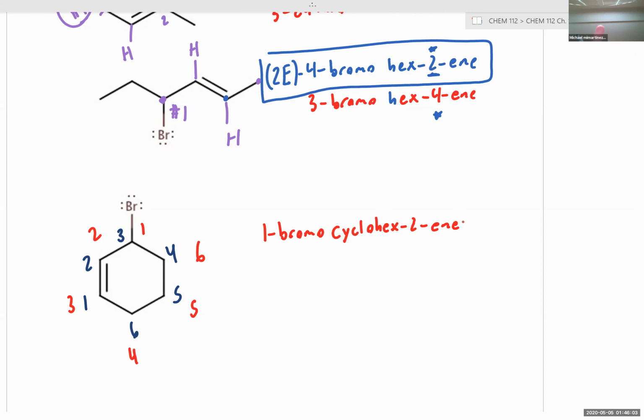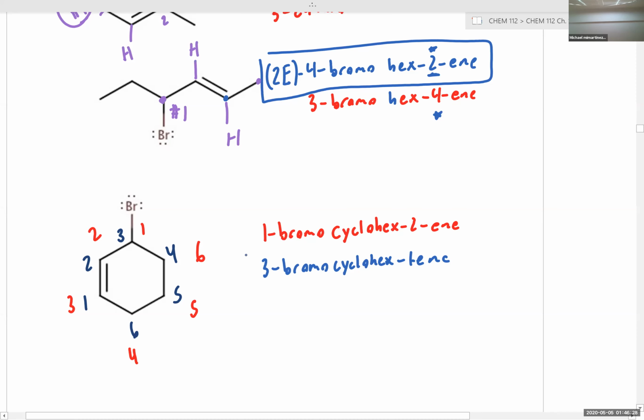And then in blue, we have 3 bromo cyclohex-1-ene. And which method is preferred, blue or red? Which method is preferred? What is higher priority?